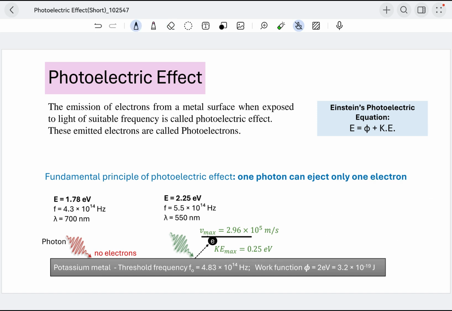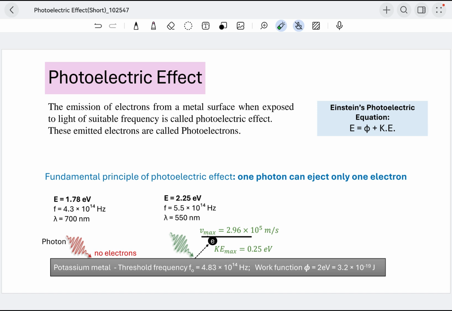Look here, the cutoff or threshold frequency for this potassium metal is 4.83 times 10 to the power of 14 hertz, whereas the frequency of this green photon is 5.5 times 10 to the power of 14. So the frequency is more than the cutoff, and that's why it is able to eject the electron. The frequency of the photon should be more than the cutoff threshold frequency.